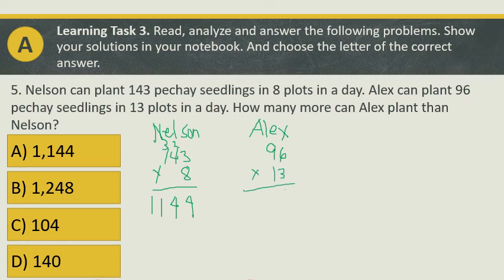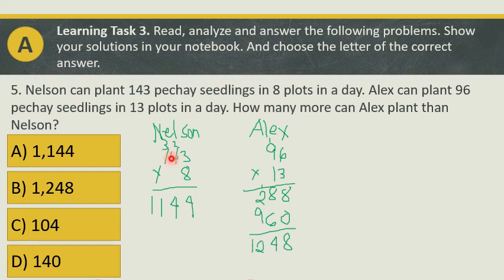So, 6 times 3 is 18, carry 1. 9 times 3 is 27, plus 1 is 28. Then, sa baba naman tayo, 1 times 6 is 6, 1 times 9 is 9. So, 8 plus 0 is 8, 8 plus 6 is 14, so carry 1. So, ito po ay 9 plus 2 plus 1 is 12.